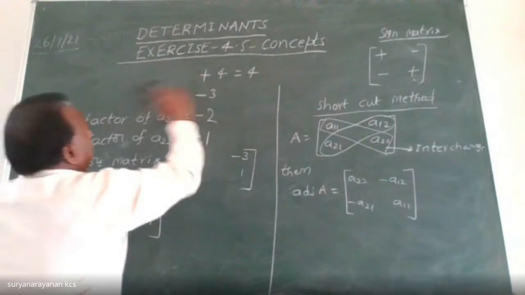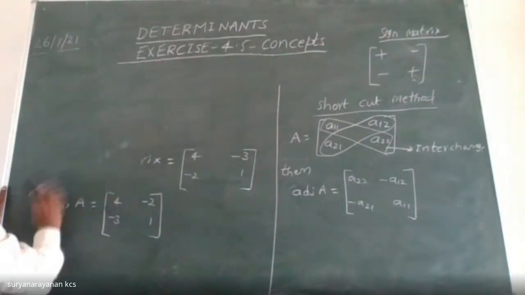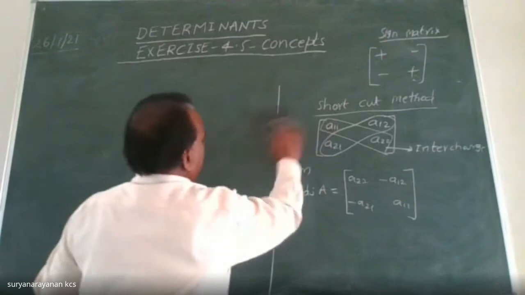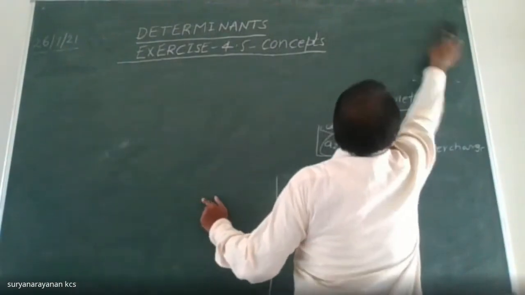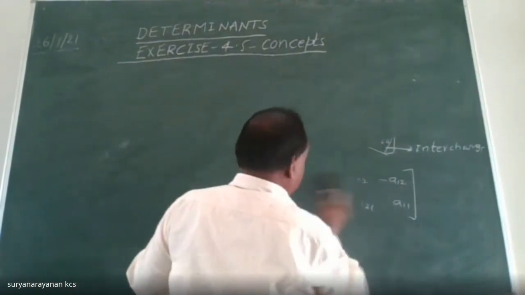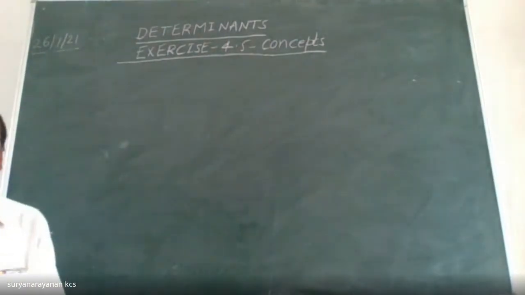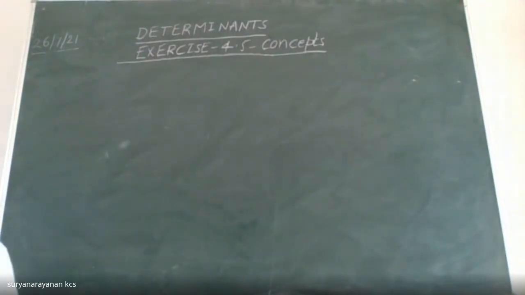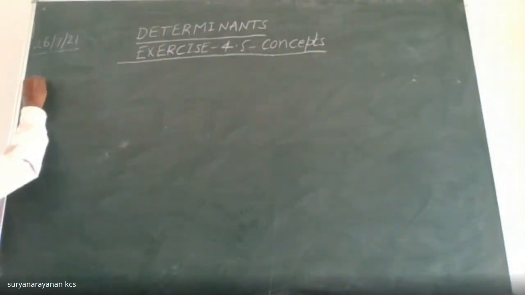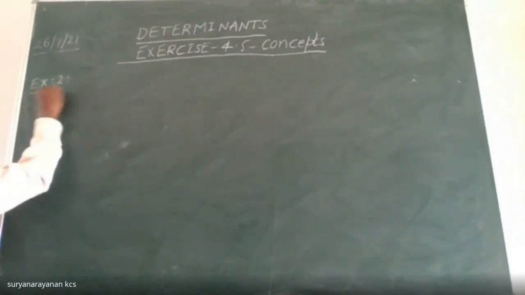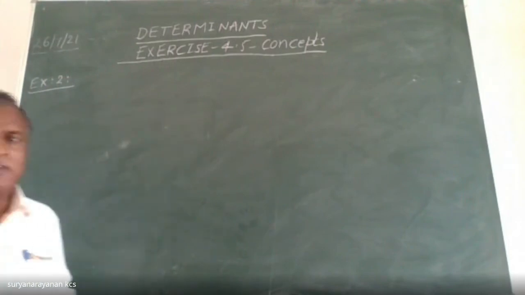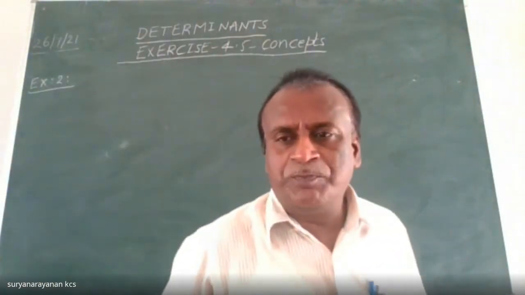Now, how to find the adjoint of a square matrix of order 3. Now I will explain an example.